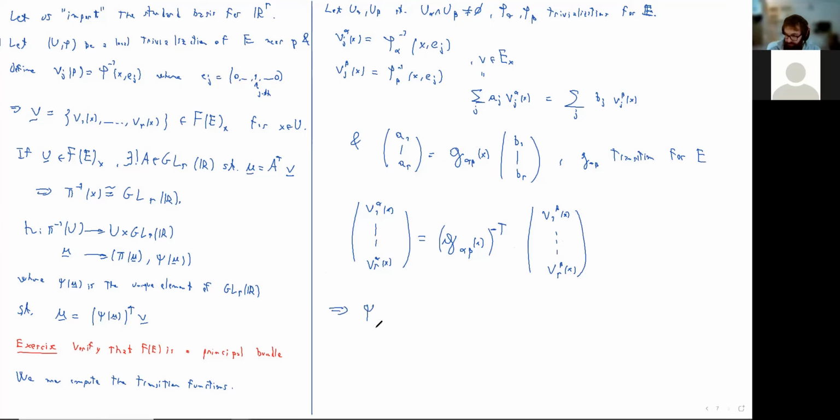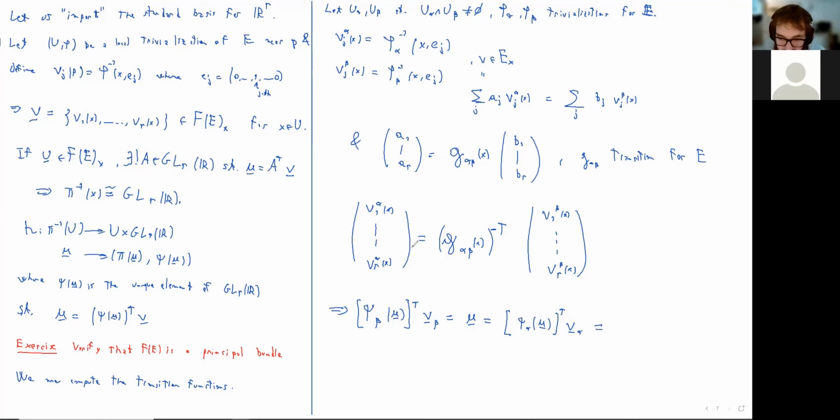So this gives us that phi beta of U, and of course psi beta is the one that we used to make this trivialization, transpose of V beta, which is just U, is the same as phi alpha U transpose V alpha, and there is no difference here. I don't know why I made squares on one side and round on the other. Maybe square just to remember that it's a matrix.